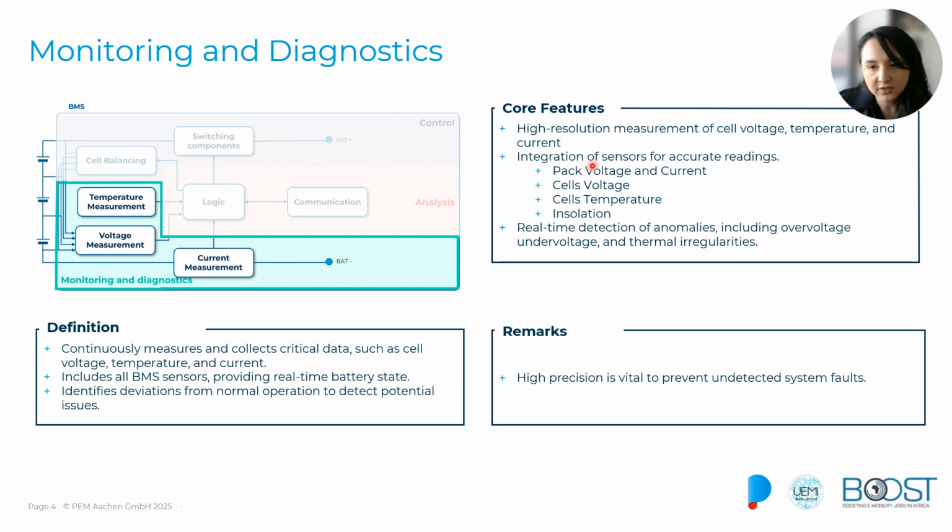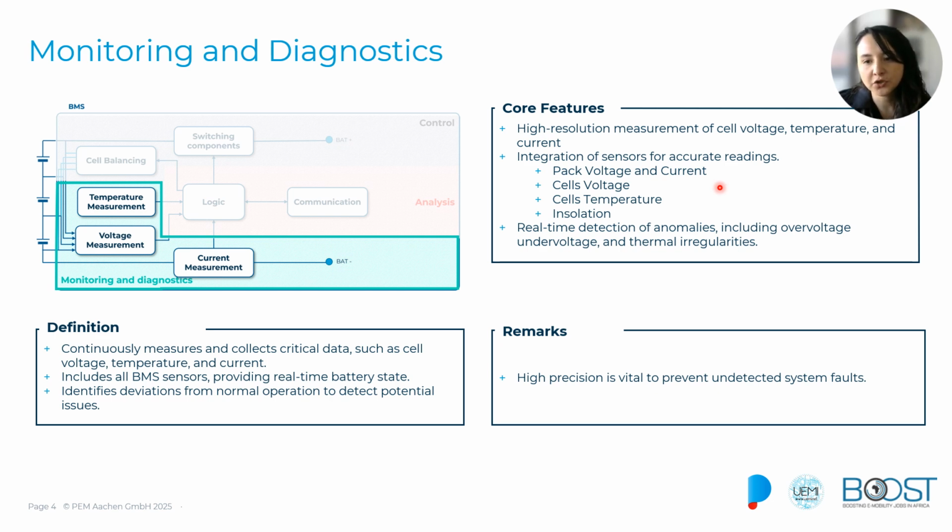Some of the sensors that this system has, for instance, are for the cell voltage. All of the cell voltages are being measured to detect overvoltage or undervoltage conditions. Also, the cell temperatures are measured to monitor any overheating or any thermal irregularity that the battery pack may have.